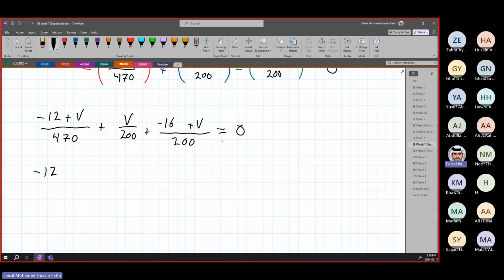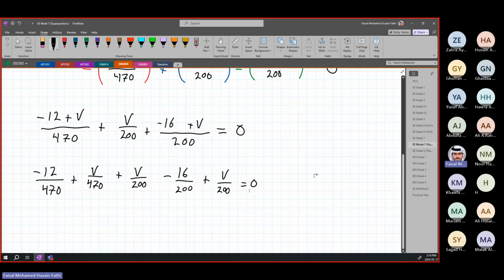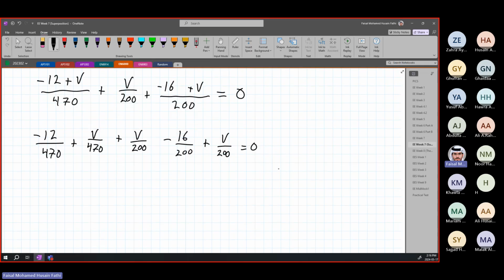To make it easier, we separate the fractions: plus V over 470, plus V over 200, minus 16 over 200, plus V over 200, equals 0. We group the V's and take V as a common factor, so V times 1 over 470 plus 1 over 200 plus 1 over 200.